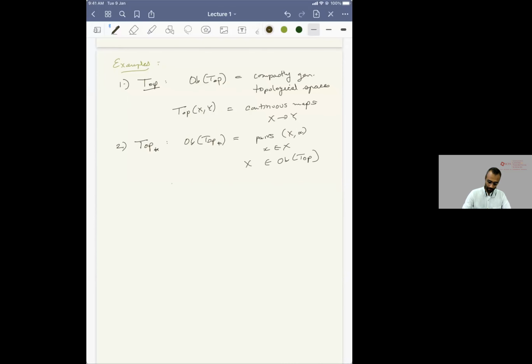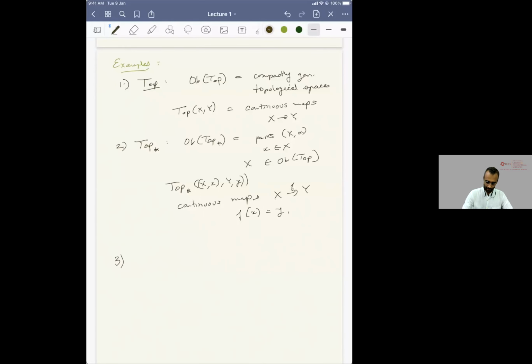And maps in Top star from (X, x) to (Y, y) are continuous maps f from X to Y such that f of x is equal to y. That's another important example for today's talk.